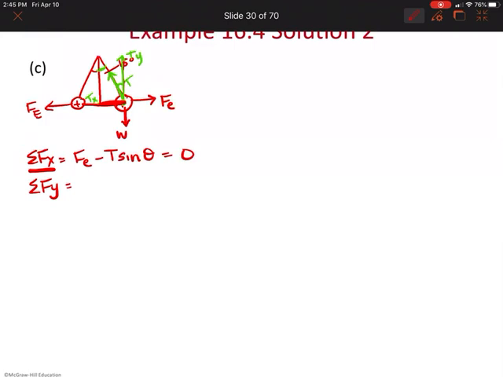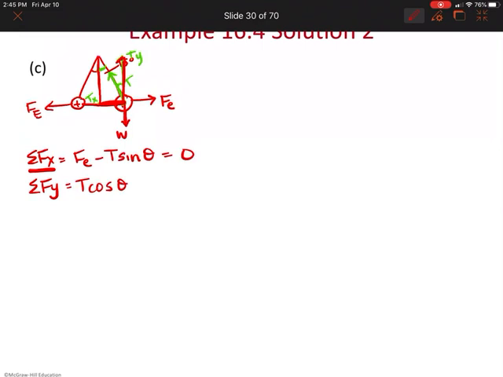And then you do the same thing for the forces in the Y direction. So you've got your tension still, right? You've got tension going in the Y direction now, and you could either look at it like over here, or over here. It's really whatever. But it's going to be positive because it's going up, and it's cosine theta.